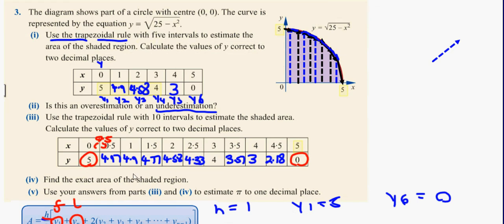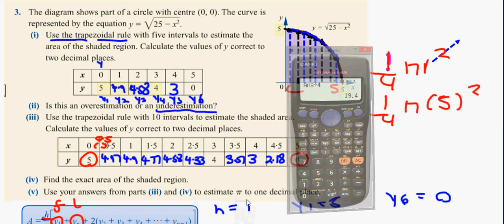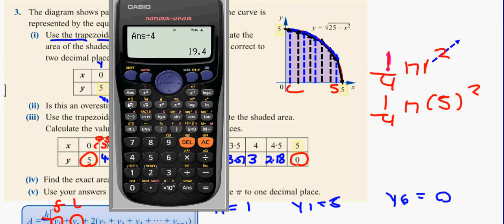Okay. Now find the exact area of the shaded region. Well, the exact area, it's a quarter of a circle, so it's a quarter pi r squared. The radius is 5, so it's going to be a quarter pi times 5 squared. So what that's going to be is 1/4 times pi times 5 squared.